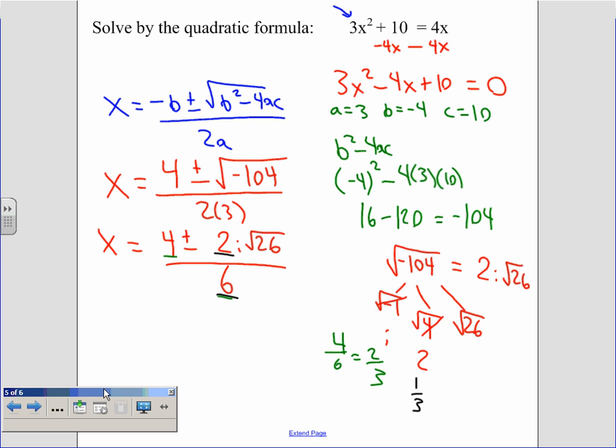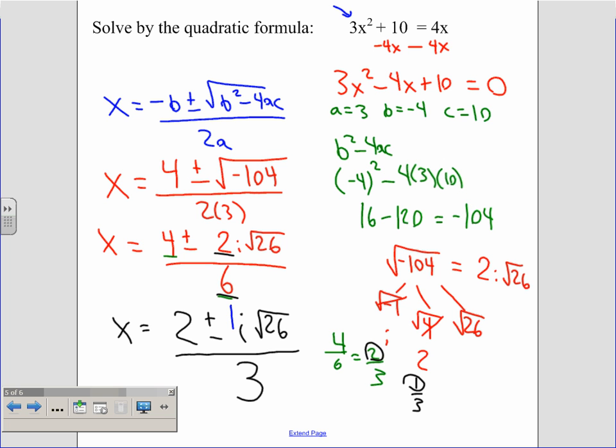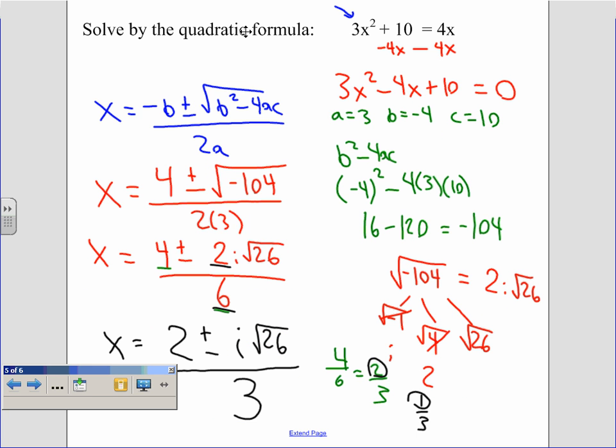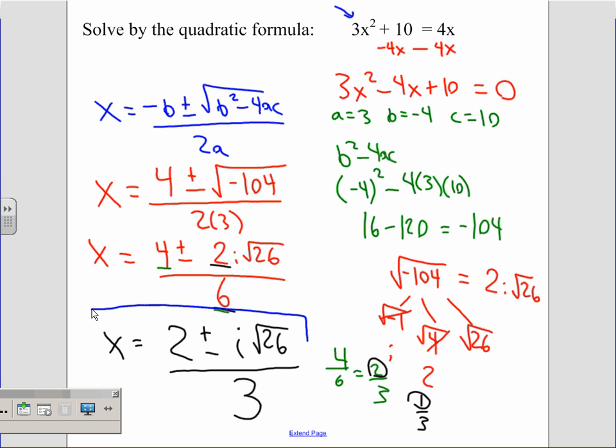So my final answer in fully simplified form is going to be 2 thirds, coming from this 2, plus or minus 1i, so 1i root 26 over 3. We just simplified those fractions, 4 over 6 and 2 over 6, to be 2 over 3 and 1 over 3. We just don't write the 1 because we have math swag. So there's our final answer right there.